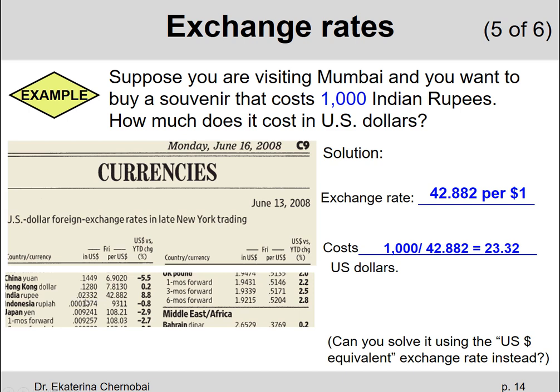If you want to use this number instead to calculate the price for the souvenir in dollars, you would need to multiply. So you take rupees, multiply by dollars per rupee, and the rupees cancel out because you're multiplying by a number that has rupees on the bottom, per 1 rupee. The unit of measurement that's left is the dollar. And you would get the same answer, $23.32.